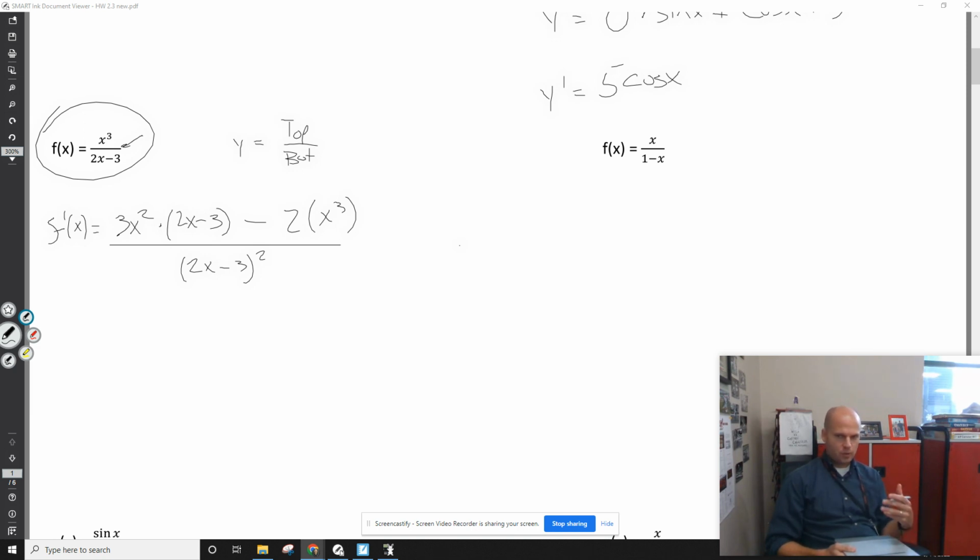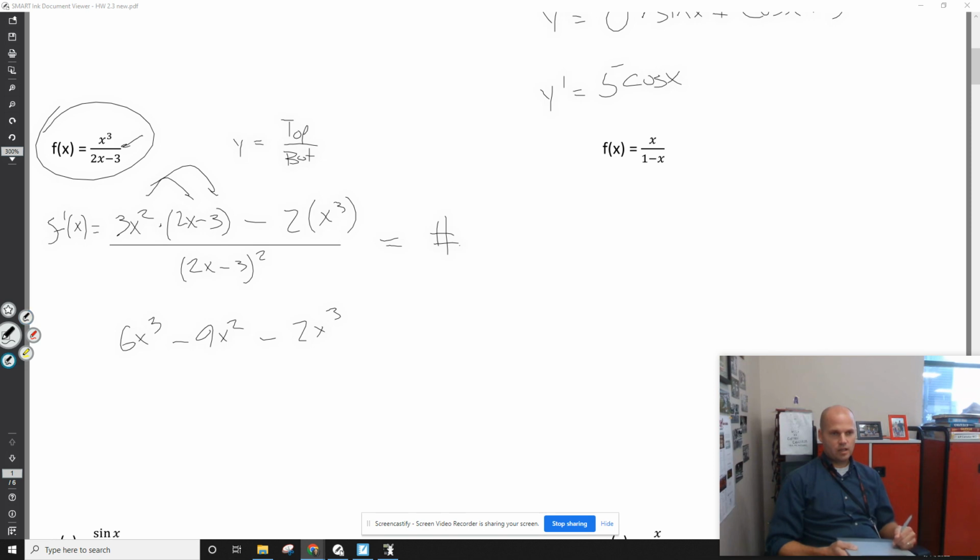But if you're trying to see when this gives us a specific number, it's going to be beneficial for you to simplify. Now, the best thing to simplify is the numerator. The denominator distributing is not going to help us. But if we distribute the top, we get 6x cubed minus 9x squared, and then here 2x cubed is 2x cubes.